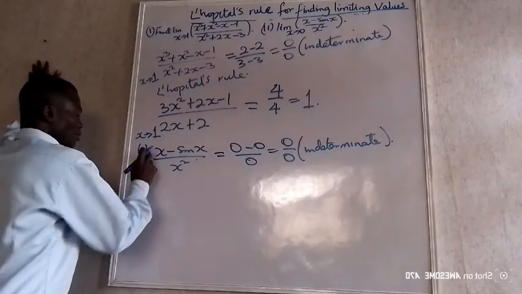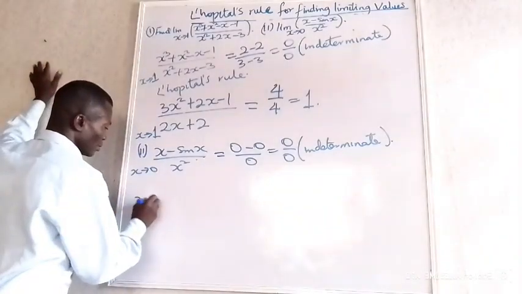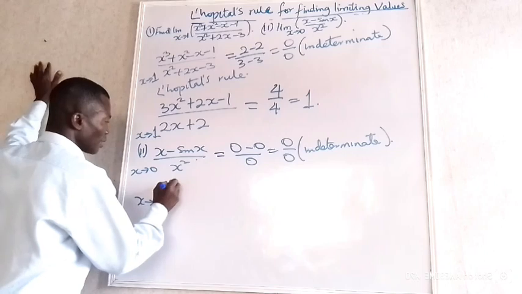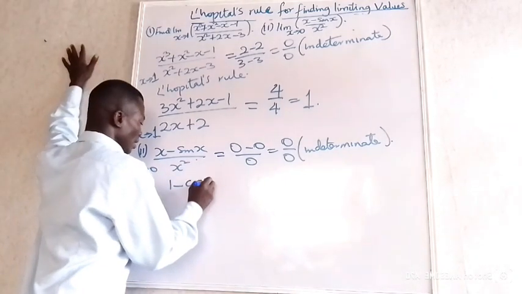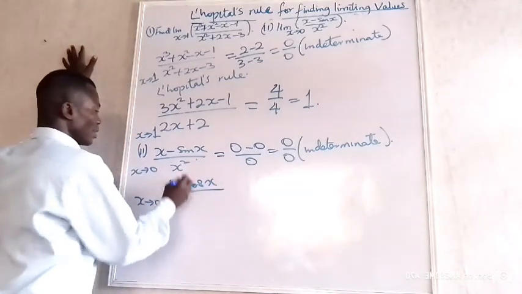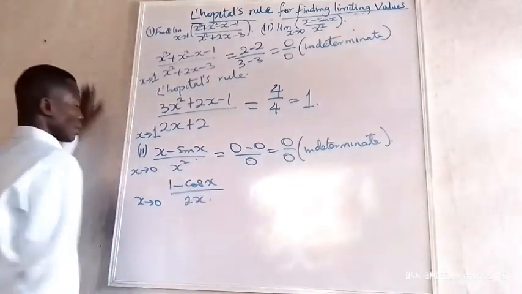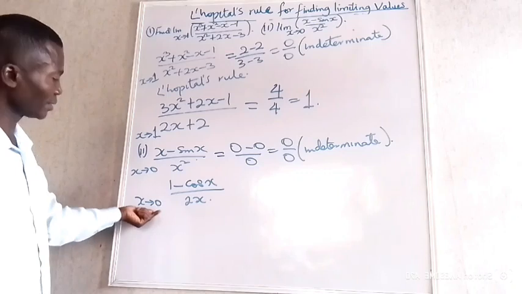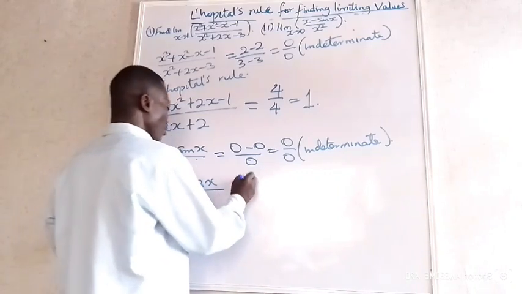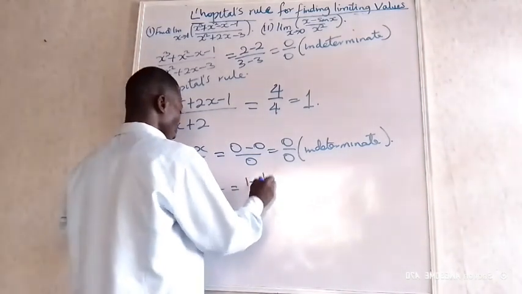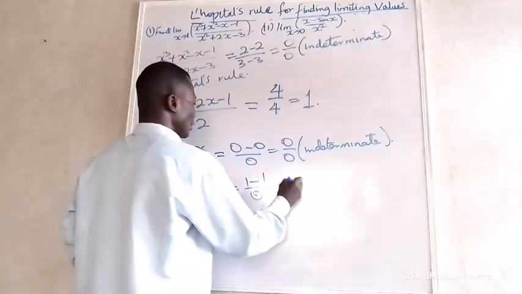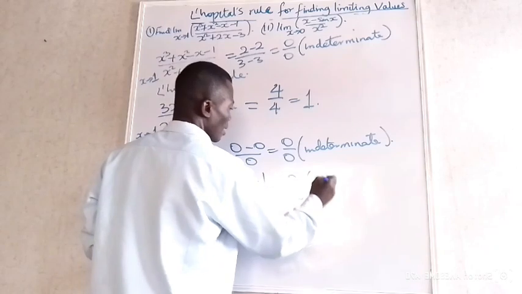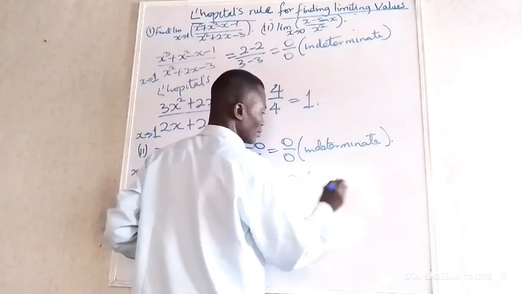So differentiating the numerator, I'm going to have 1 minus cos x divided by 2x. So when x is 0, I'm going to have 1 minus cos 0, what is cos 0? 1. 2 times 0, 0. And that is 0 over 0. Indeterminate.